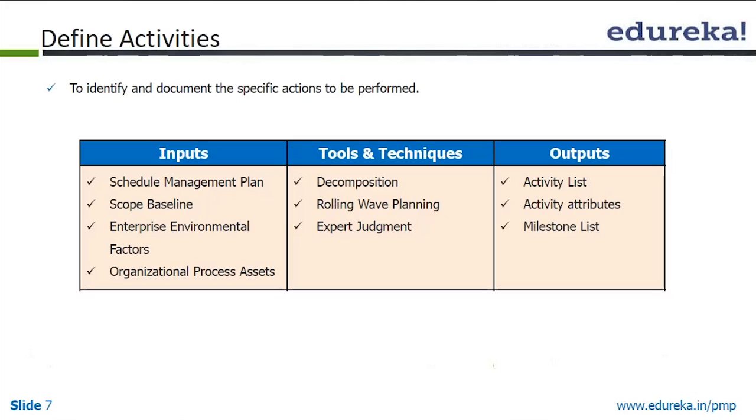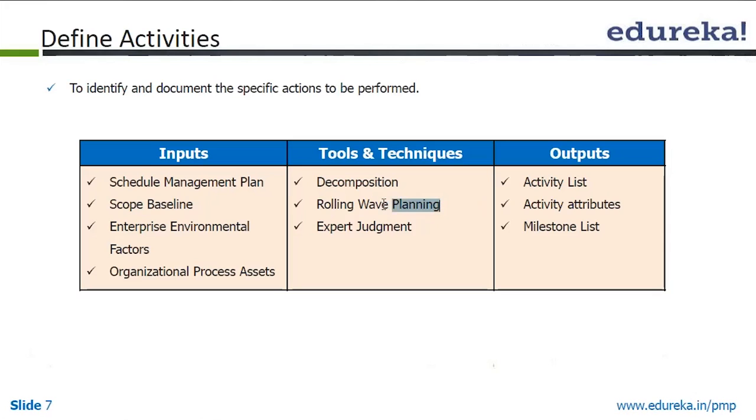We list down like this the set of activities that is required for each specific work package that has been approved in the WBS. So schedule management plan, scope baseline, which is your WBS, your EEF and OPA are the inputs. Further decomposition, rolling wave planning and expert judgment are the tools and techniques. And the outputs are activity list, activity attributes and milestone list.